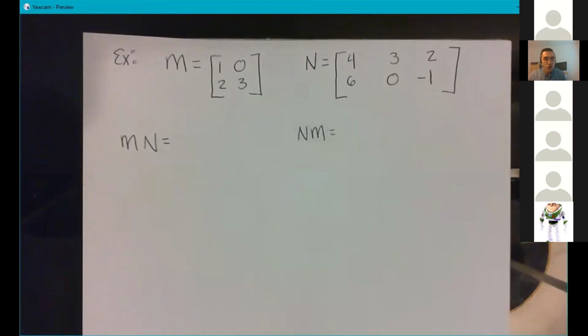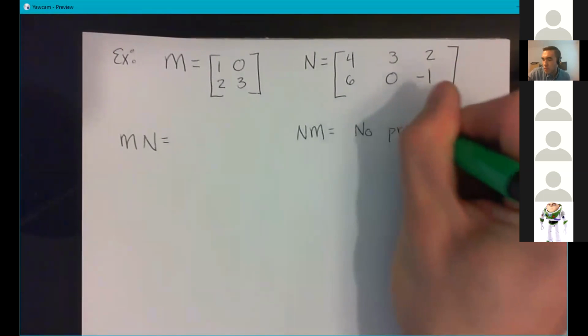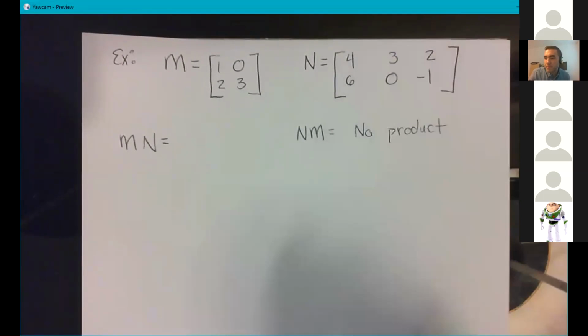It's not technically no solution. The time when you use the phrase no solution is if you are attempting to solve for a variable, and if you cannot solve for the variable, if it has no solution, that's the phrase we use. Technically, since there are no variables here, all of these numbers are defined. It's just no product, or no operation or something like that.